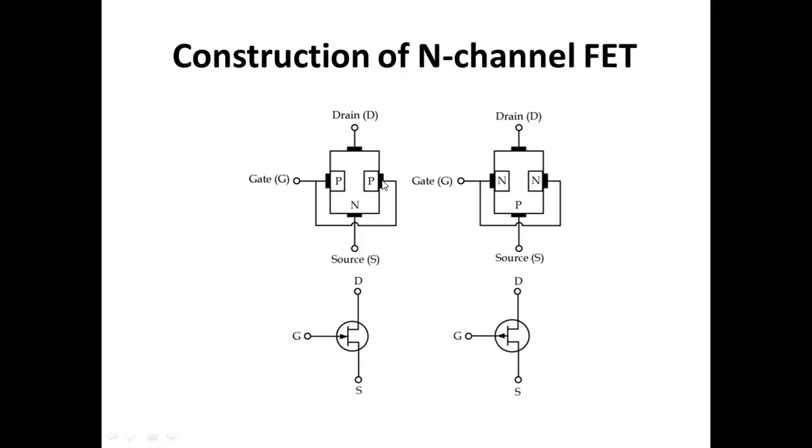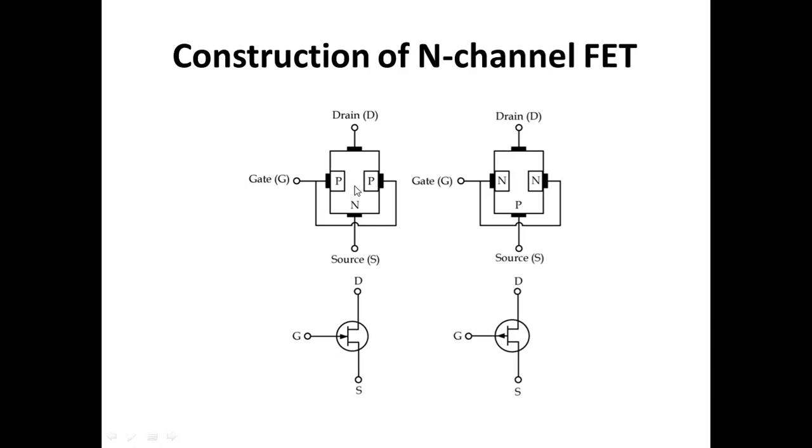By using a trivalent impurity on the opposite sides of the middle of this N-type material, the two P-type regions are formed by the diffusion process.